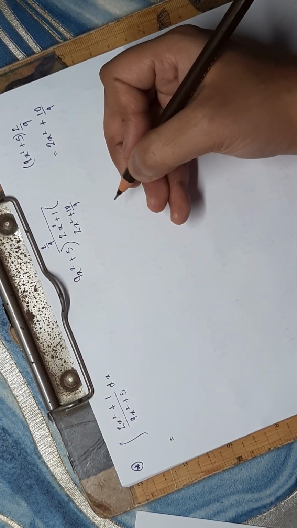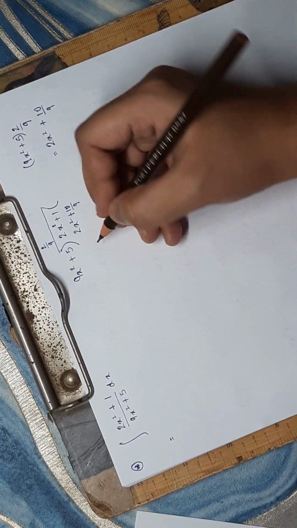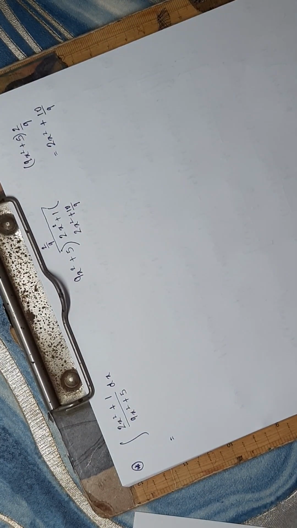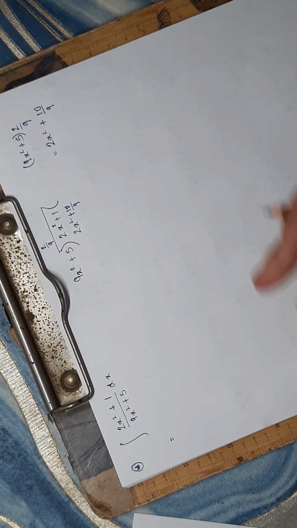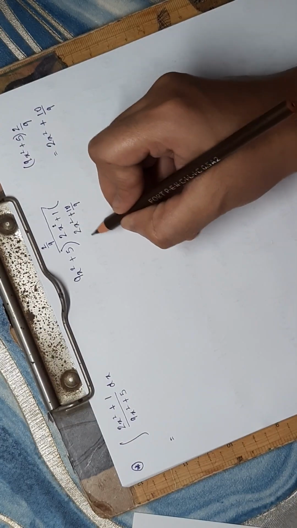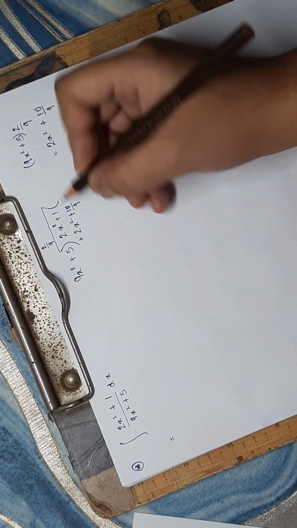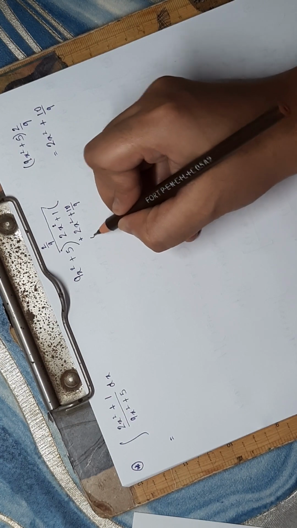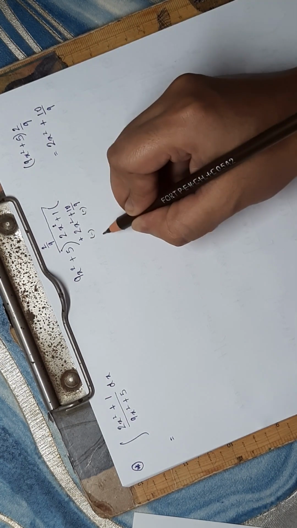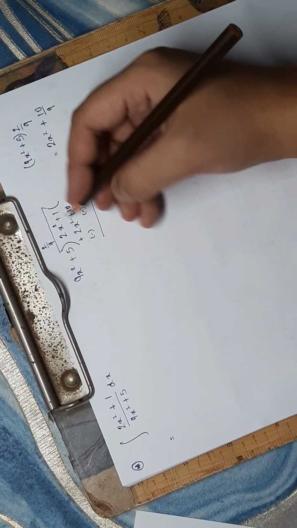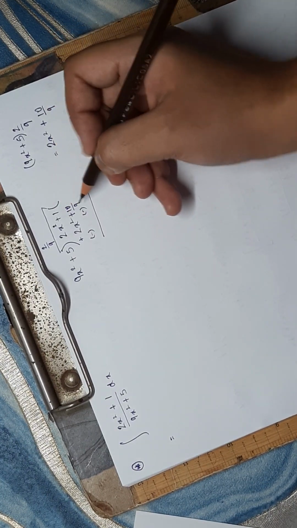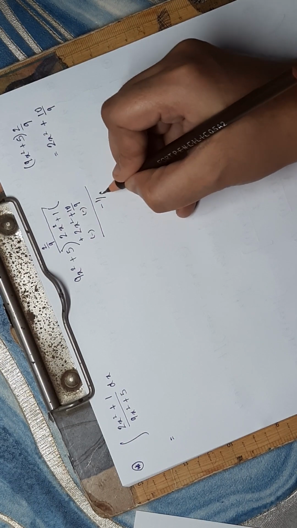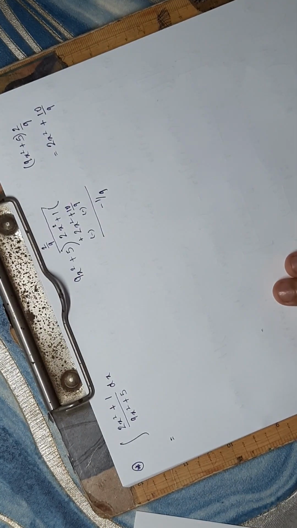Now, as I had already said, our main ambition is to cancel, we have to ensure that the x square or x cube, whatever term is present, gets cancelled. There is a plus sign here and a plus sign here, so we will simply convert it to a negative sign. So 2x square minus 2x square is nothing but 0, and 1 minus 10 by 9 is nothing but minus 1 by 9. Is that clear?